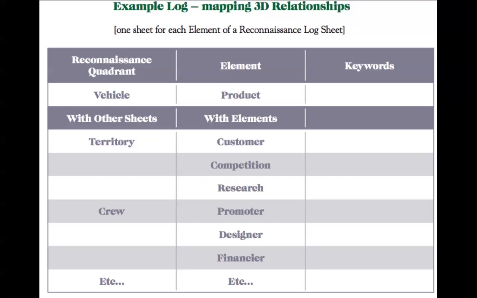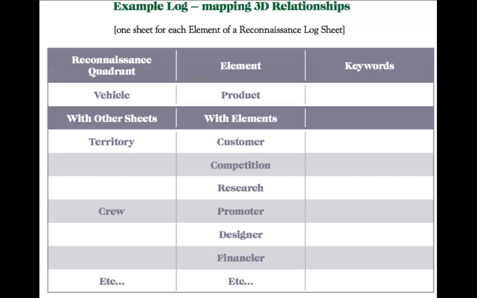From competition. So what are the relationships when I view product from competition? To complete my log sheet, I just need to give the headlines of each relationship.